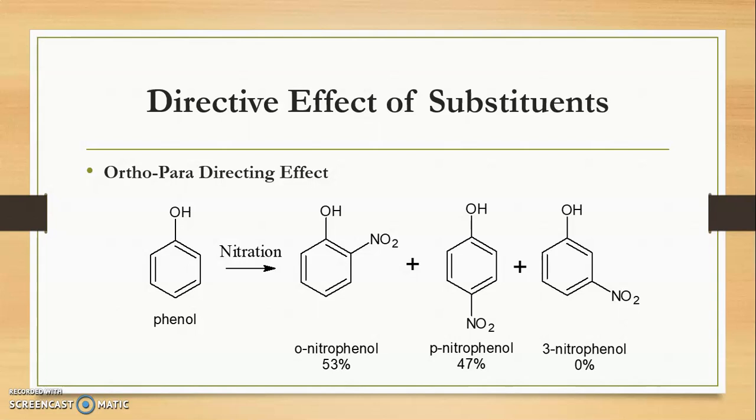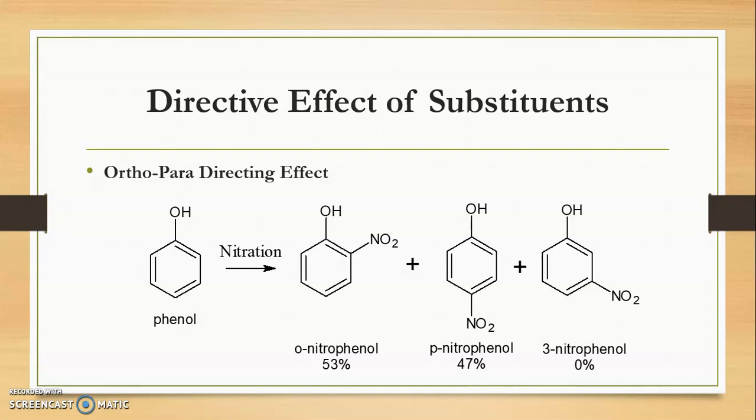So here, when the hydroxyl group is present, you will see what percentage of which product is generally obtained. Here we will get 53% of ortho-nitrophenol. In addition to that, we will get 47% of para-nitrophenol, and no meta-nitrophenol product is obtained.